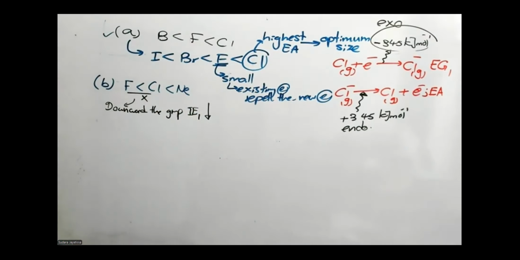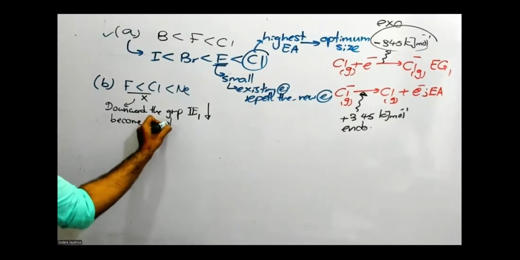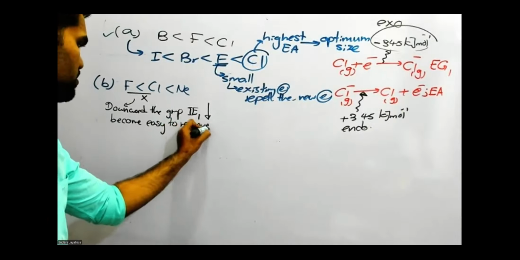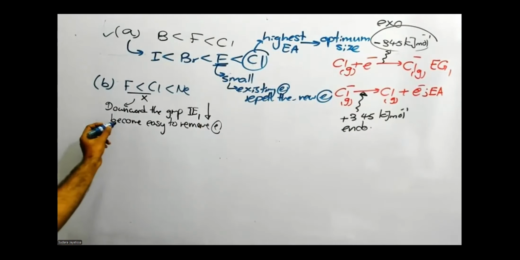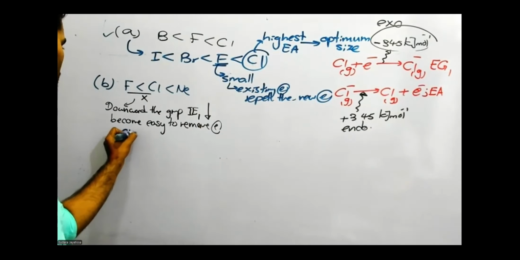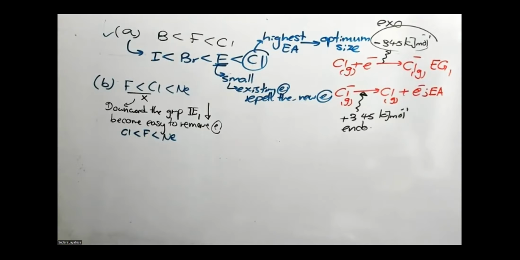That means lesser energy is needed to remove the electron, so it becomes easy to remove the electron. Then the correct order will be the lowest value for chlorine, then fluorine, and the highest for neon because it is a noble gas. You have a stable configuration and more nuclear attraction for neon.